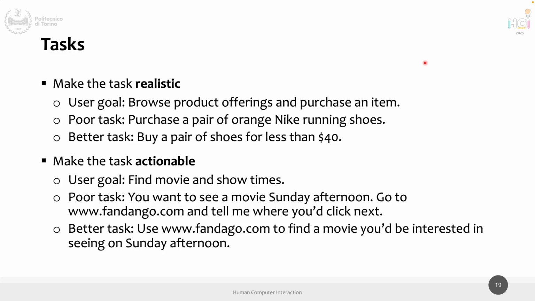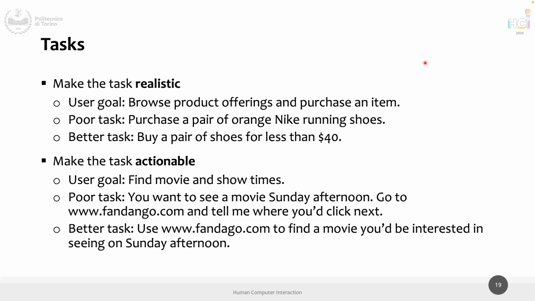Very similar, but the second one is more actionable. It's not saying step by step what you want to do first. And the first is not a task where you go on the website and then have to tell the facilitator where to click by explaining; the second is a task where you actually do something.